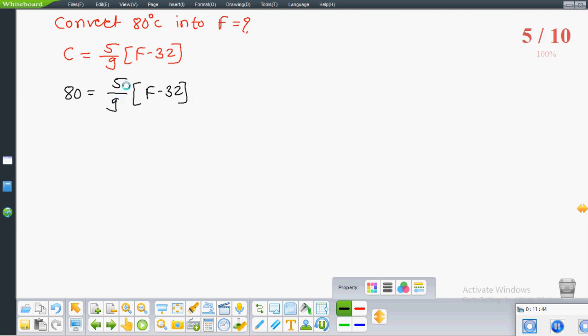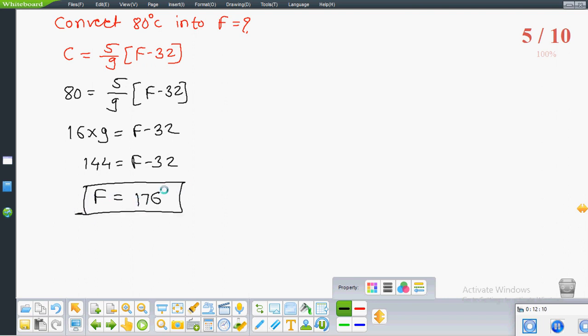So 5 sixteens are 80, so 16 multiplied by 9 equals F minus 32. 16 nines are 144, equal to F minus 32. So F equals 144 plus 32, that will be 176 degrees Fahrenheit. This is the answer for the conversion of 80 degrees centigrade into Fahrenheit.